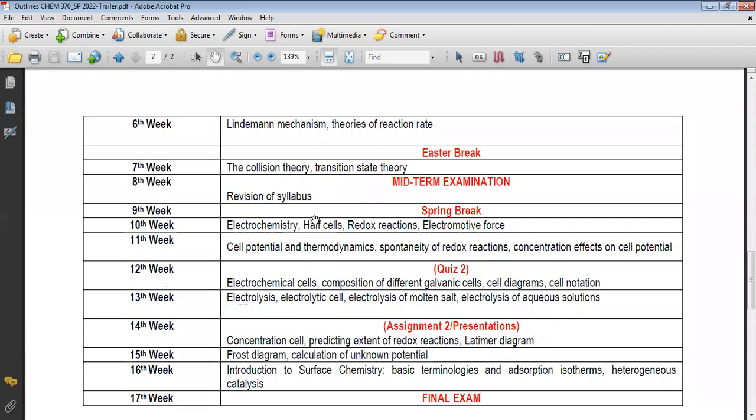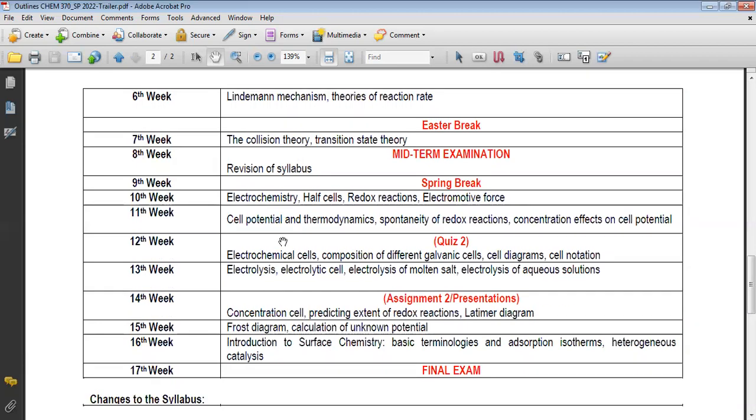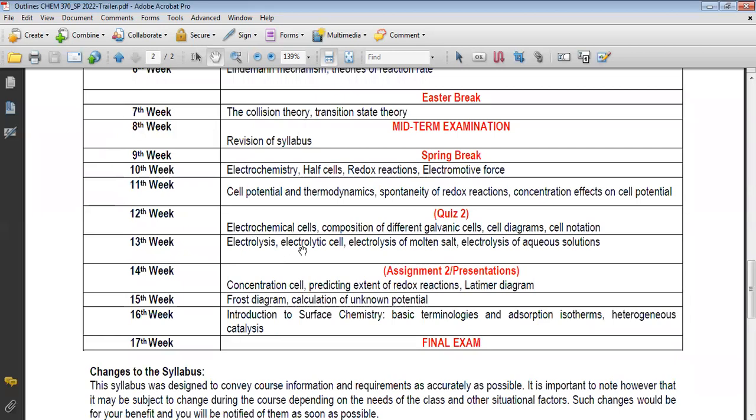And then I will start electrochemistry, again starting with the very basic concepts, and then we will discuss the cell potential or thermodynamics, and how you can define the spontaneity of a reaction by using electrochemistry. There are different electrochemical cells: galvanic cell, electrolytic cell, or concentration cell.